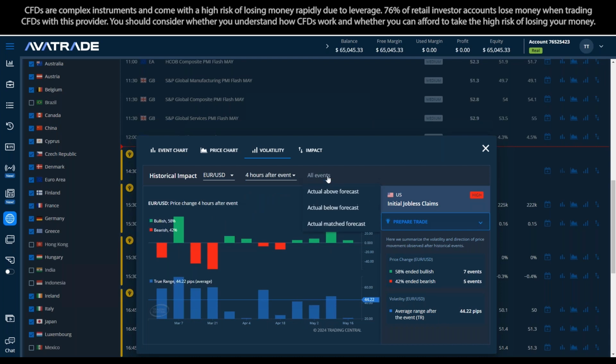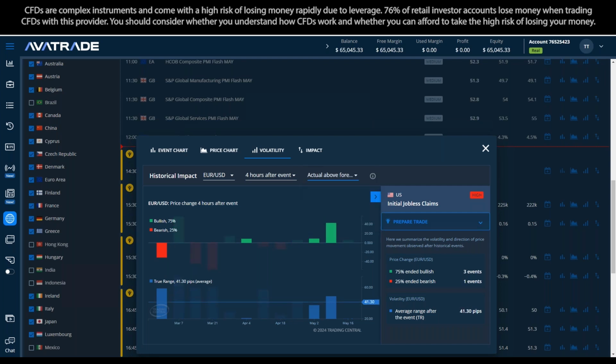But then we can qualify it. If they do come in above forecast, meaning more jobless claims than expected, meaning bad economic news, what happens with the Euro USD? And what we see is 75% of the time, the Euro climbs against the USD, meaning the US weakens if this news comes in as bad news.